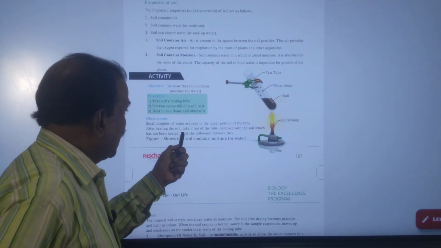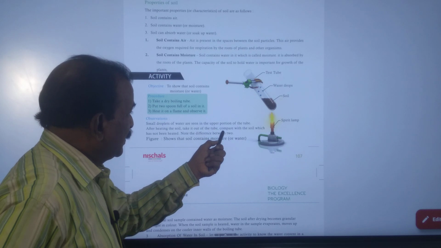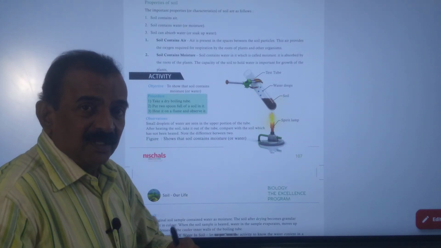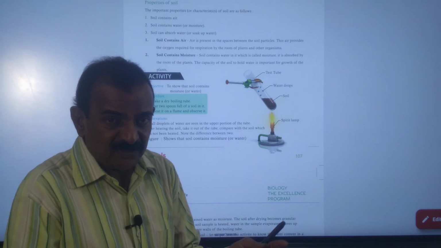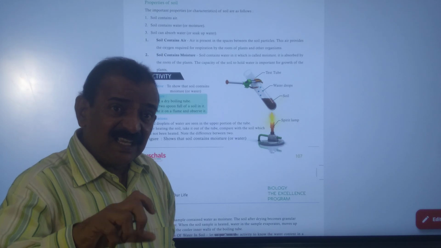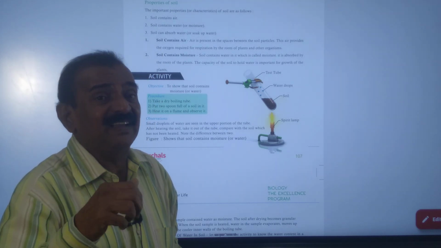After heating, take the soil out of the tube and compare it with the soil which is not heated. The heated soil does not have moisture. Why?